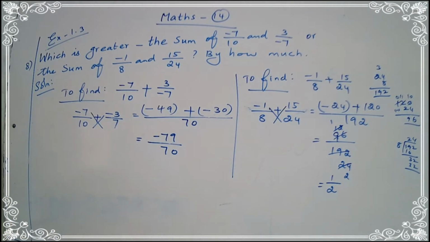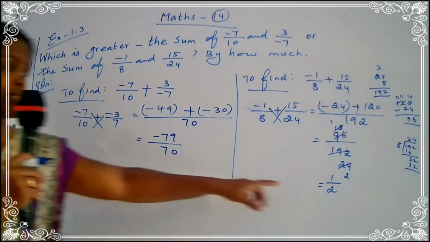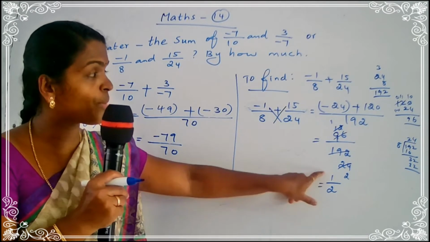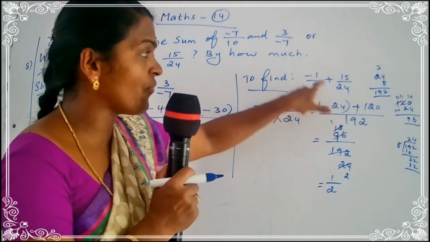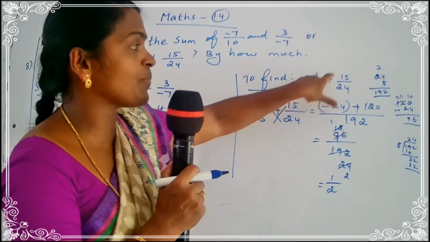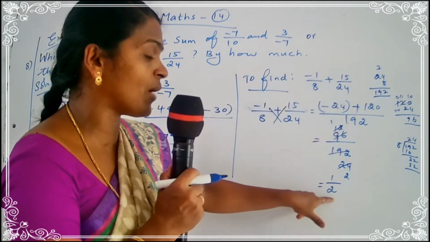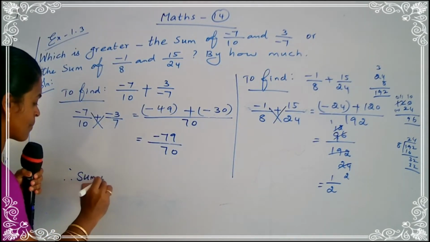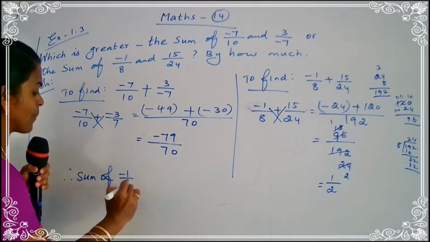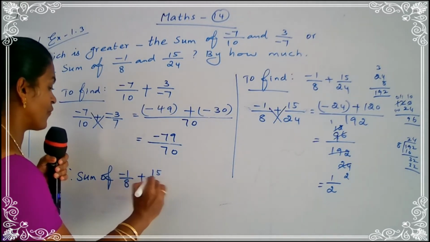So surely 1 upon 2 is greater. So 1 upon 2 means minus 1 upon 8 plus 15 upon 24. The value of minus 1 upon 8 plus 15 upon 24 is 1 upon 2. So 1 upon 2 is bigger.